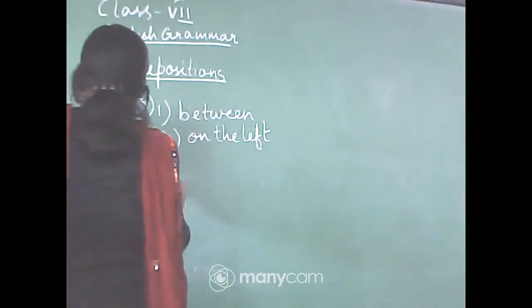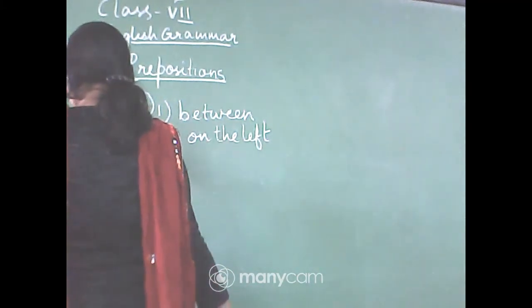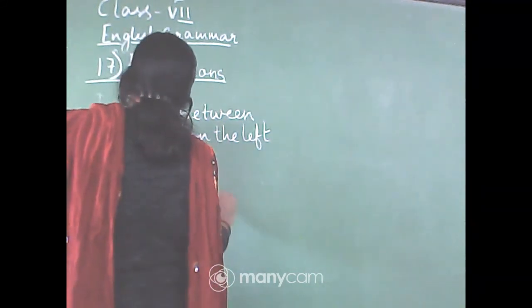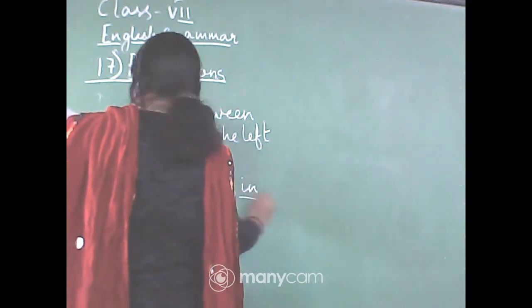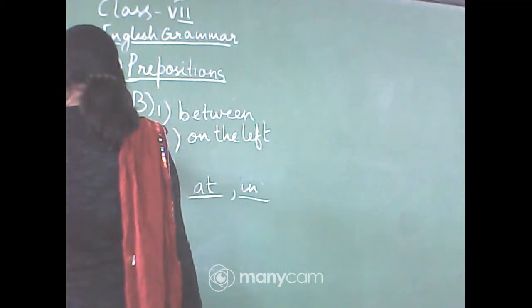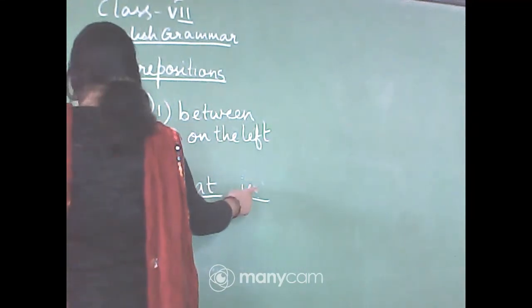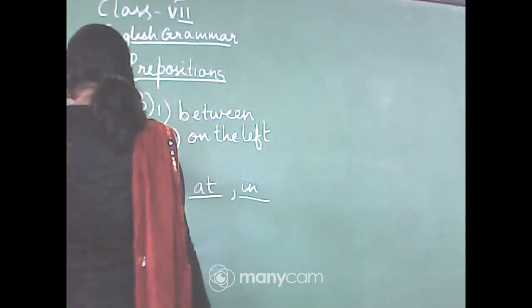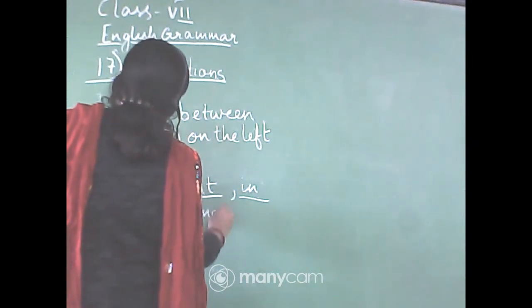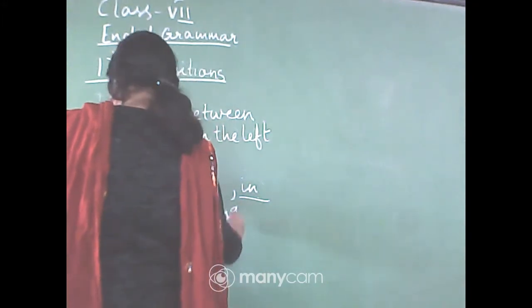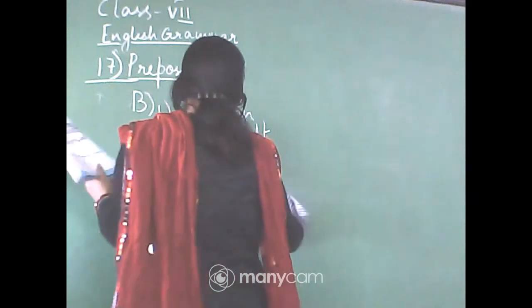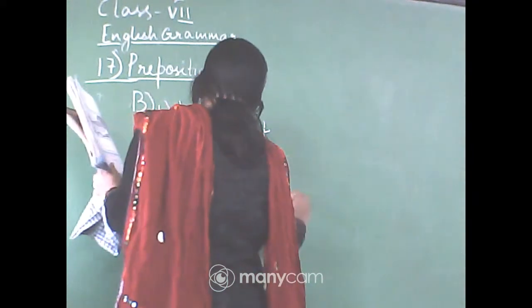Let me just keep it. I will come back to it later. He will meet you at the shop located in the community hall. The old lady sat among, either beside or near.